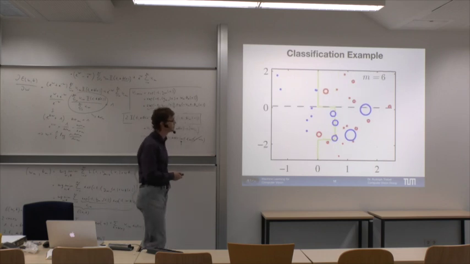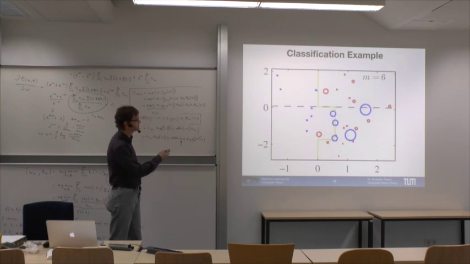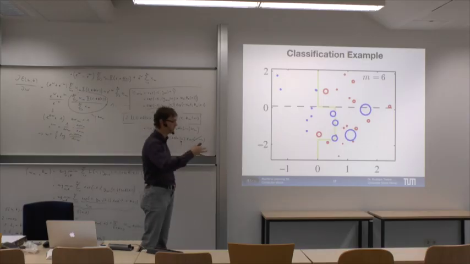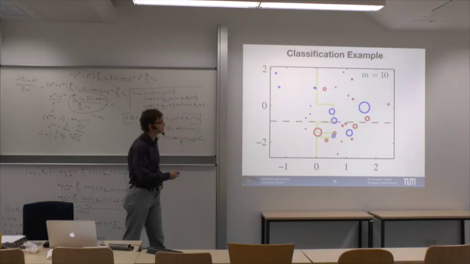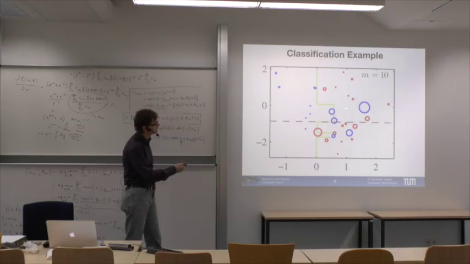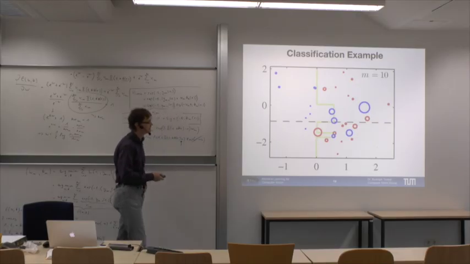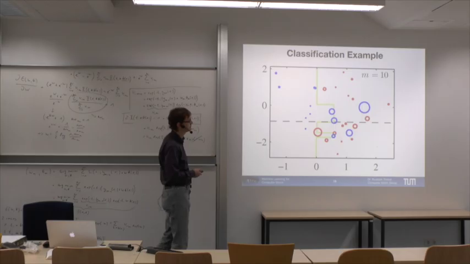So after 6 rounds, you can see that the overall decision boundary, which is just a sum of hyperplanes, just a sum of lines in this case, will then adapt very, very smoothly around the actual boundary between the two classes.